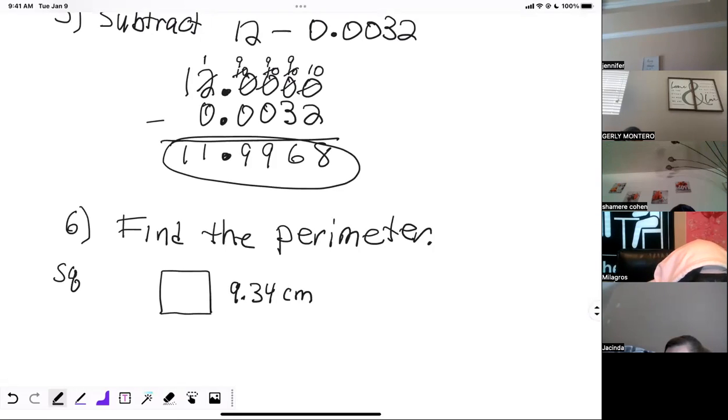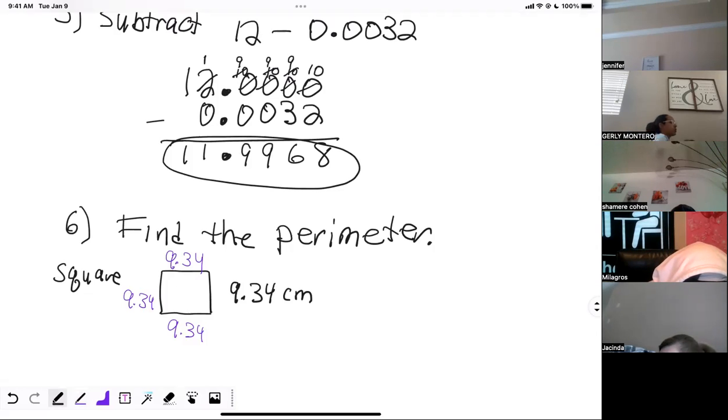It'll tell you square or not square. It's a square. So perimeter is all the sides added together. That means that every side is 9.34. I'm writing it in a different color because it's not given to you. You just have to know they're all the same.